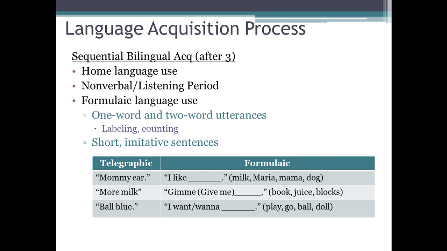So it becomes I like milk, I like Maria, I like mama. And so slowly they're gaining ownership over the language and understanding what types of words go in which slots. And then you start to see much more productive language use, where they are owning the language more and being able to shift around the words in the order to communicate different meanings.